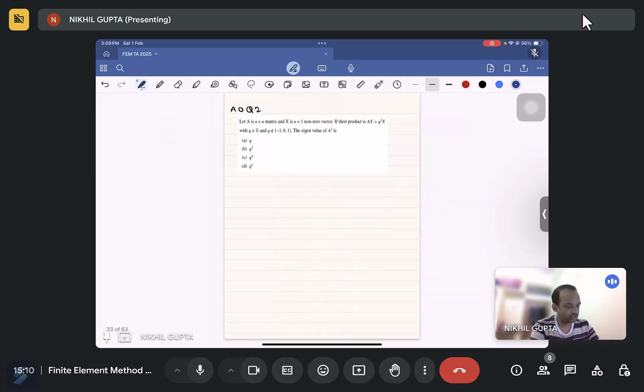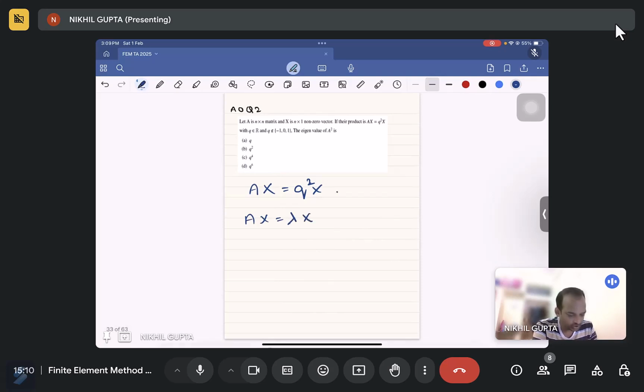So let's focus on the second question, which says A is an n by n matrix and x is an n by 1 non-zero vector, where Ax = q square x, or rather I should write it capital, so there is less confusion between vectors. You have to find the eigenvalues of it. The eigenvalue problem says Ax = lambda x.